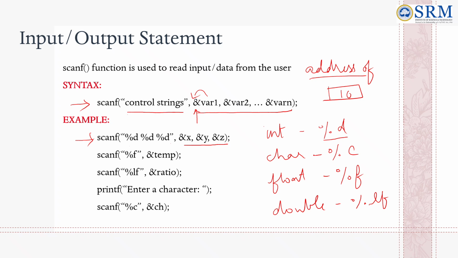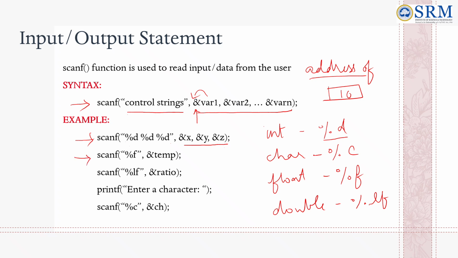It is a control string. It must be enclosed within double quotes, and then we have to give comma after the closing quotes. And we give all the variables preceded by ampersand symbol, and these variables to be separated by comma, and towards the end we give the end parenthesis and terminate the line with semicolon.